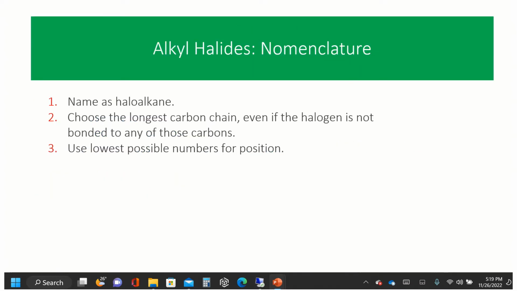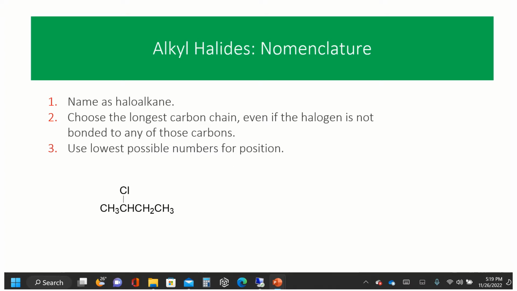Now, as far as nomenclature is concerned, the name of the haloalkane is similar to alkanes, where we choose the longest carbon chain, even if the halogen is not present on that carbon chain, and then of course use the lowest numbers possible.